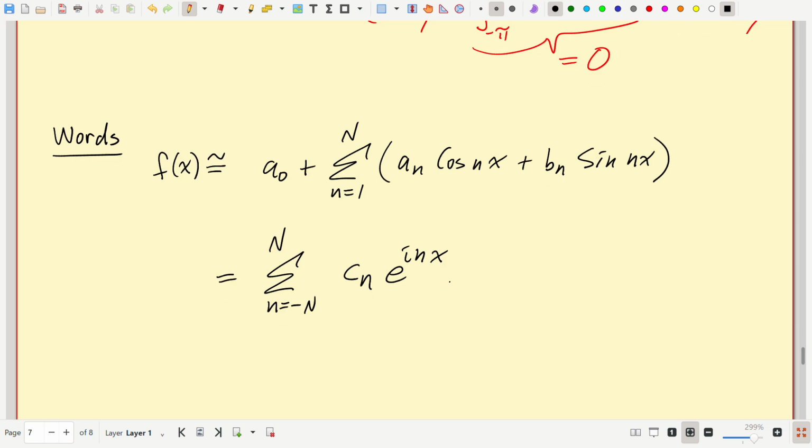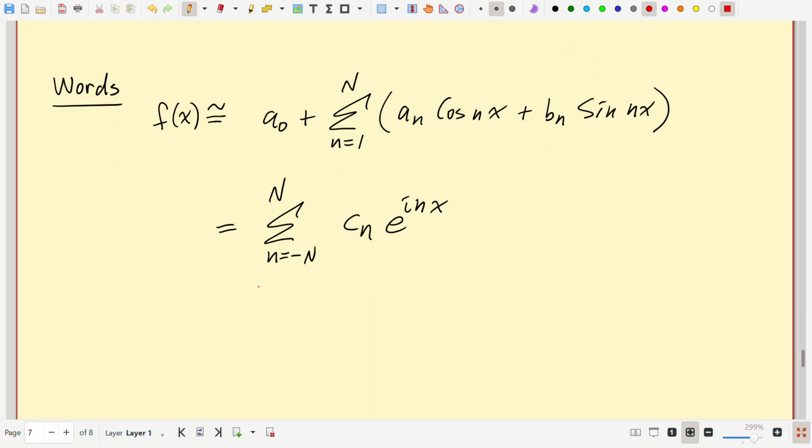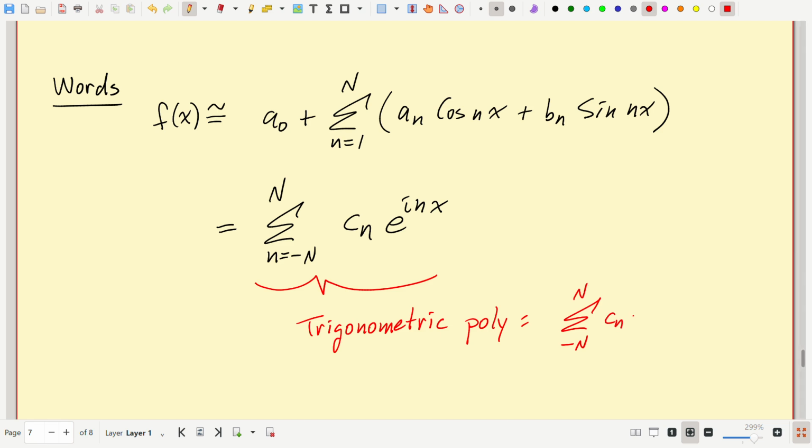This is called a trigonometric polynomial by tradition. So a trigonometric polynomial is something that looks like a sum from minus n to n of complex numbers times e to the inx. Those were the coefficients, but I could put any complex number here. That's the definition of a trigonometric polynomial.